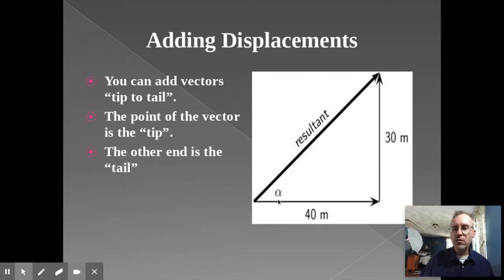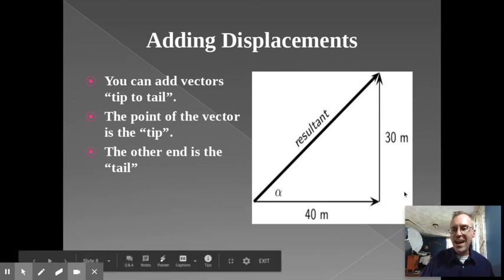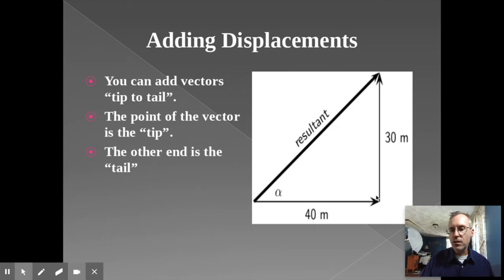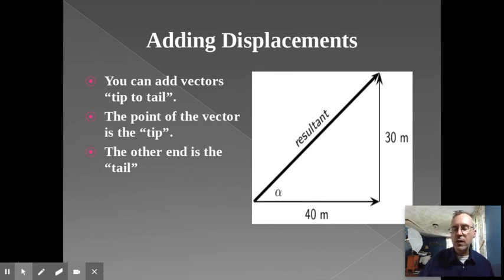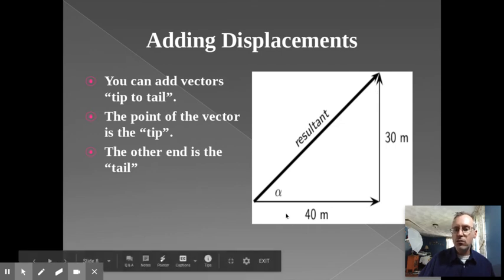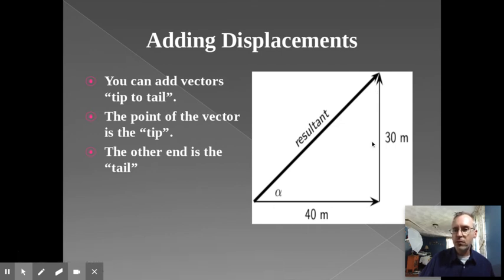So when you're adding two vectors, let's say here's a 40-meter displacement and a 30-meter displacement, the way you add them is tip to tail. You take the tip of the first vector and place the tail of the next vector by it, and then your answer, your overall displacement, goes from where you started to where you ended up. Here's a 40 meter, here's a 30 meter.